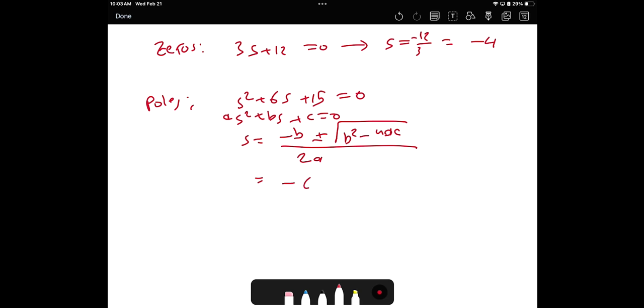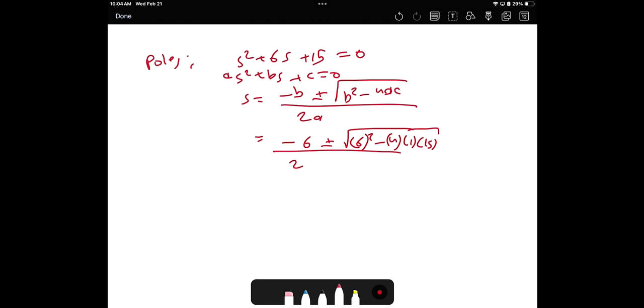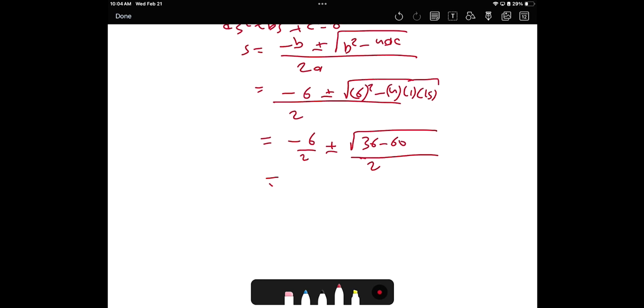So it will be negative 6 over 2 plus or minus the square root of 6 squared minus 4 times 1 times 15, so negative 6 divided by 2 plus or minus the square root of 36 minus 60 divided by 2, which will be negative 3 plus or minus the square root of negative 24.